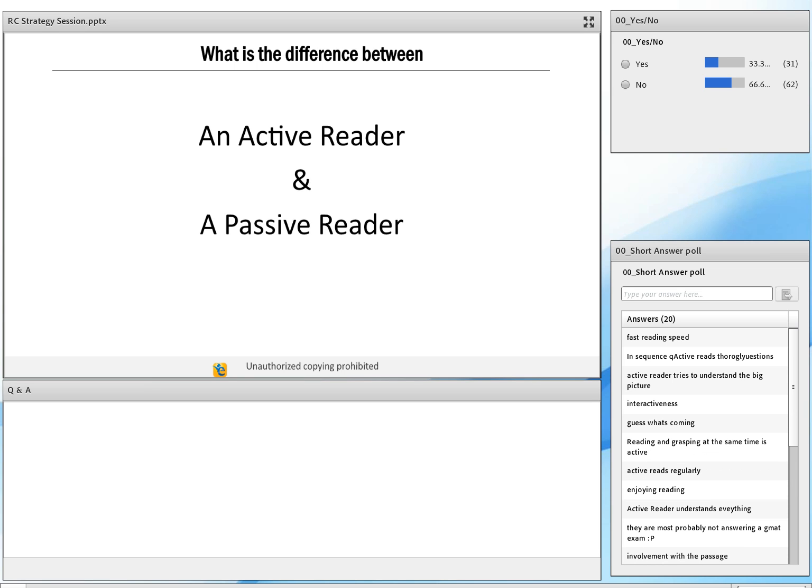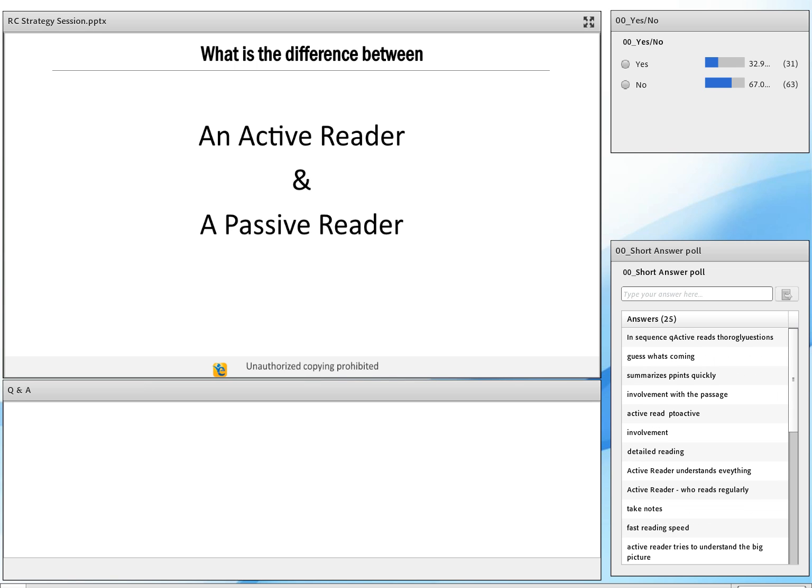Okay. So the main difference between an active reader and a passive reader is that an active reader actually gets engaged in the passage. An active reader makes sure that he gets everything from the passage, and he's immersed in the passage and he understands the passage really well. He reads with the intent to understand.